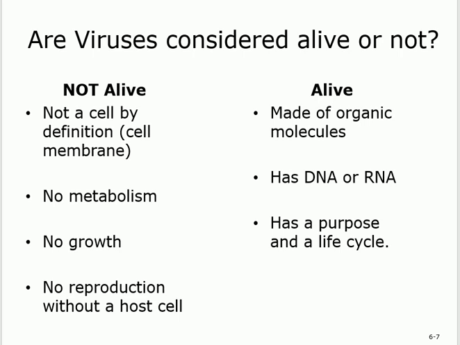But on the other hand, it's made of organic molecules. Isn't the protein coat an organic molecule? It is. Does it have a DNA or RNA, which is the genetic material? Yes, so it is alive. When we see something that has genetic material, it's alive. And there is a purpose and life cycle that we will talk about. It's living for some reason.